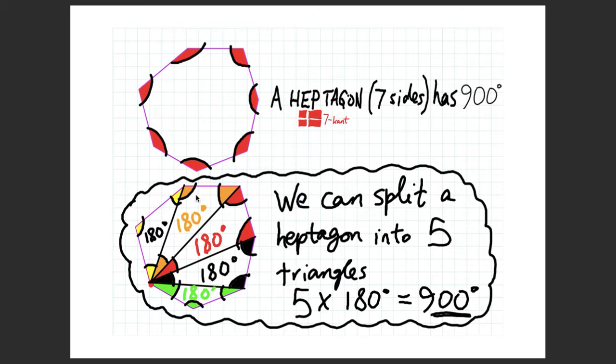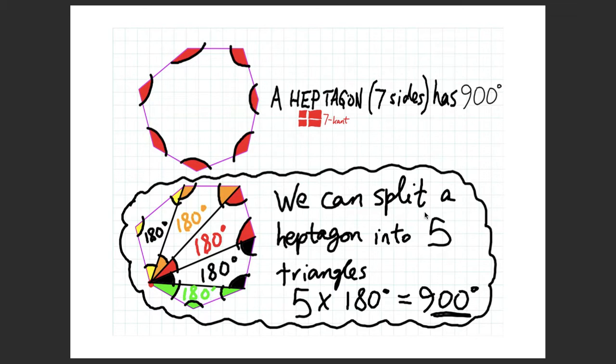And as long as we do it that way, then all of the angles end up round the edge. So all of the angles in the little triangles that we've made are also angles in the big heptagon. So therefore a heptagon has 1, 2, 3, 4, 5 times 180 makes 900 degrees in it.